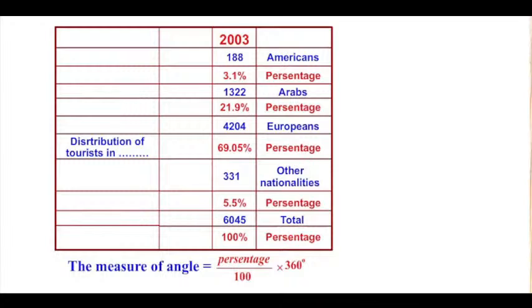So the total 6,045, 100%. The measure of the angle equals percentage over 100 times 360 degrees.